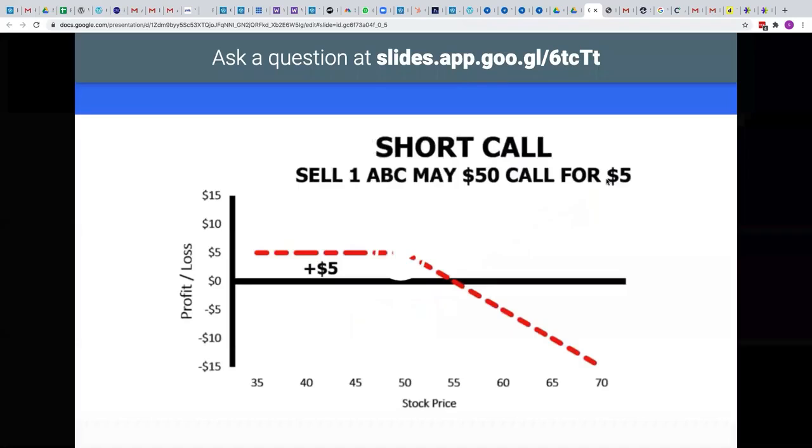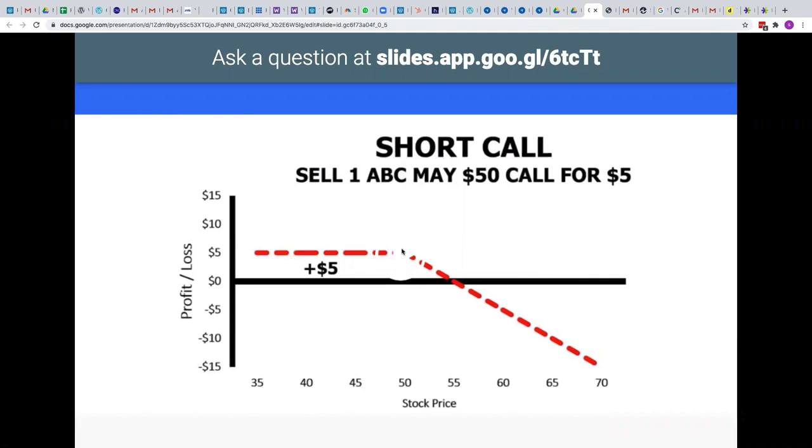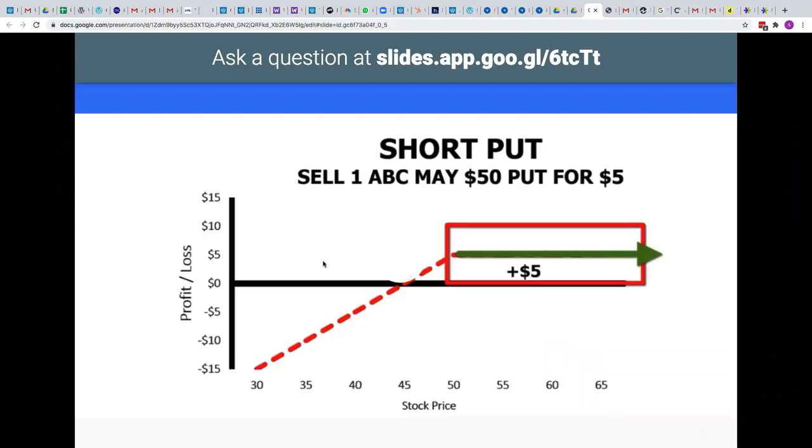Let's take the next example, the short call. When you're shorting, we already saw this. This is the $5, it goes down, and then it keeps going down and down. There's unlimited risk here, but limited reward, okay? Now, similarly for a short put, I remember I was saying you're betting that the stock is going to go up above the strike price.